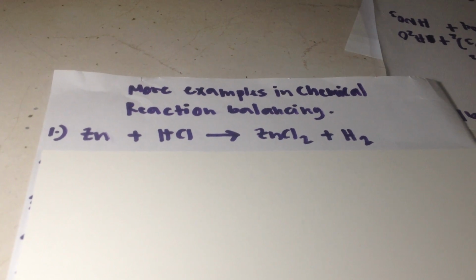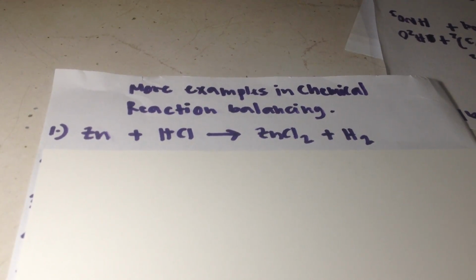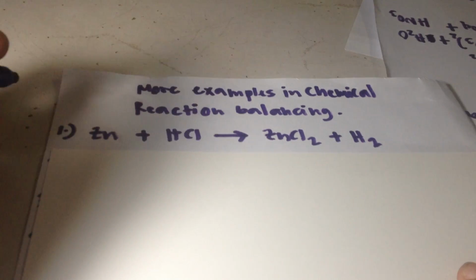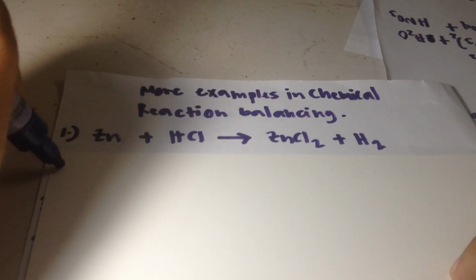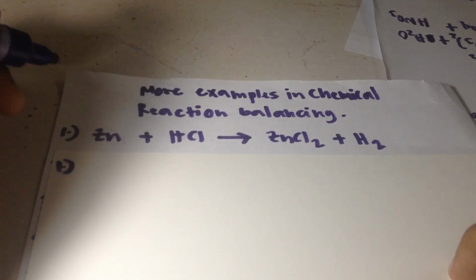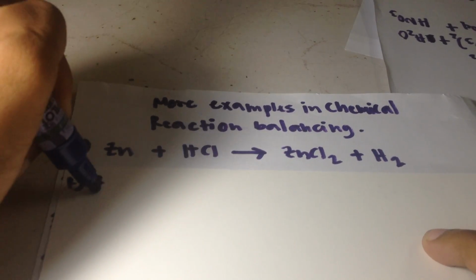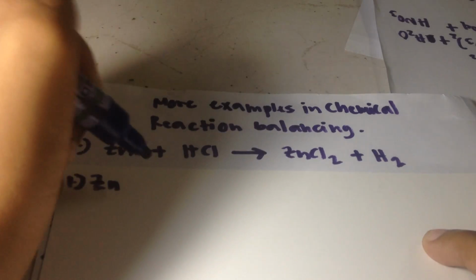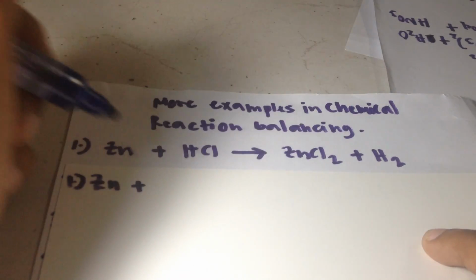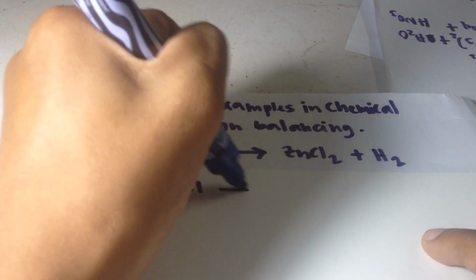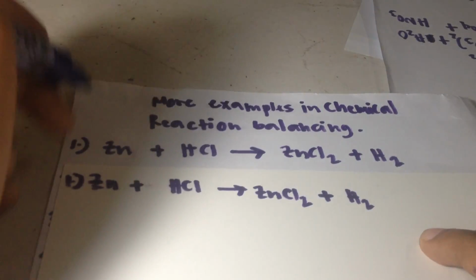In this video, we're going to balance more examples of chemical reactions. So in number 1, we have zinc plus hydrochloric acid reacts to zinc chloride plus hydrogen gas.